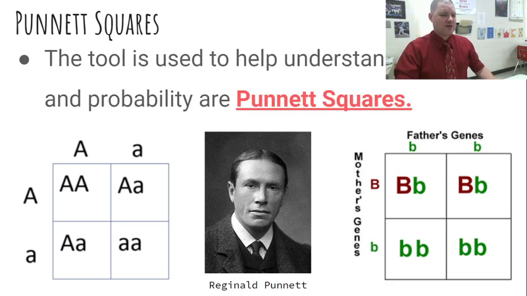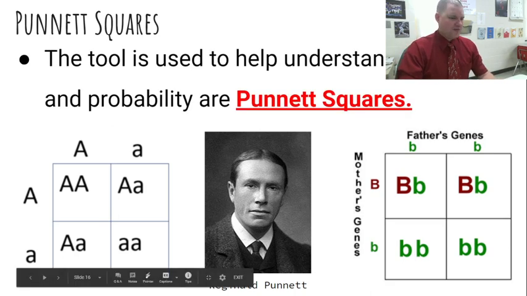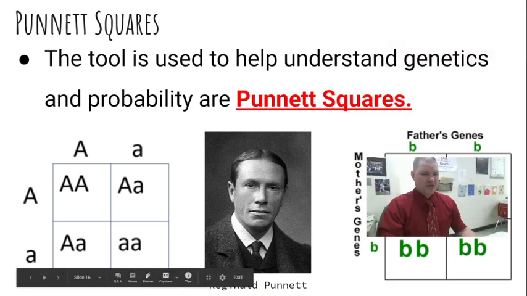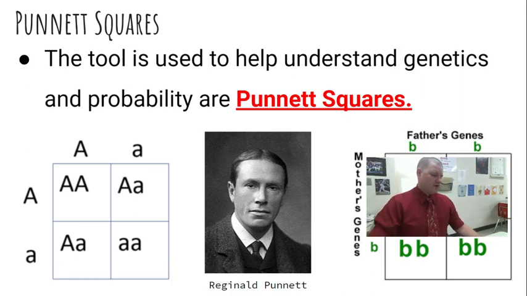First thing, we have to know what the Punnett square actually is. And I'm going to move myself here momentarily so you can see it. Punnett squares are the tool that we use to help figure out genetics, and specifically the probability of things. It was invented by this guy right over here, Mr. Reginald Punnett, to basically go off of what we talked about with Mendel and show the chances of you inheriting certain things or passing on certain things from parent to offspring.